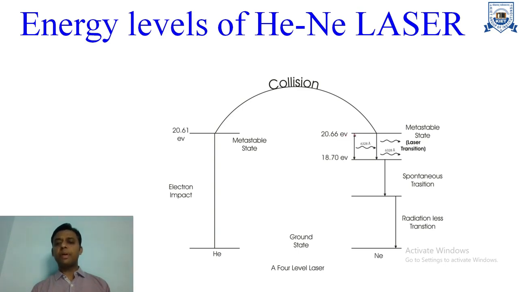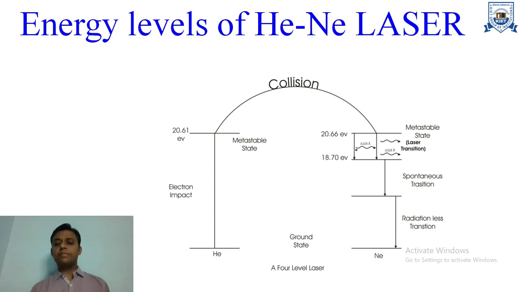The energy of the upper metastable state in neon is 20.66 electron volt, and the lower energy state is 18.70 electron volt. So we will get the laser transition between these two states, the upper metastable state and the lower state.